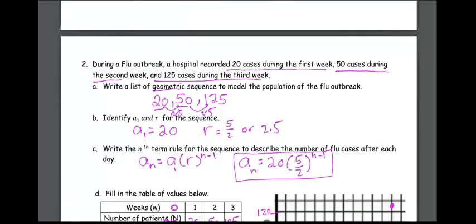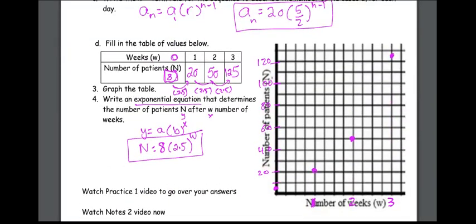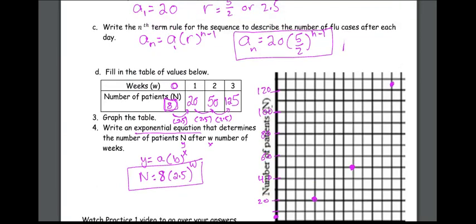In the second example, we have the number of weeks, which is a continuous variable, but the number of patients is a discrete variable that cannot be represented by all real numbers. It can be represented only by whole numbers. That's why these dots need to stay disconnected. And the geometric sequence is going to be a better representation of this example.